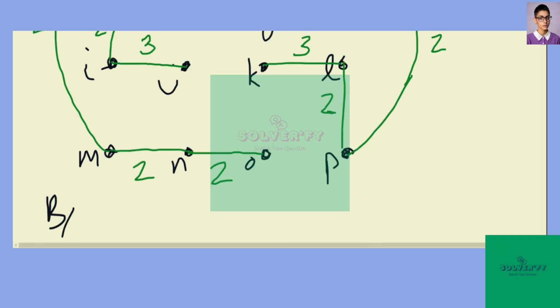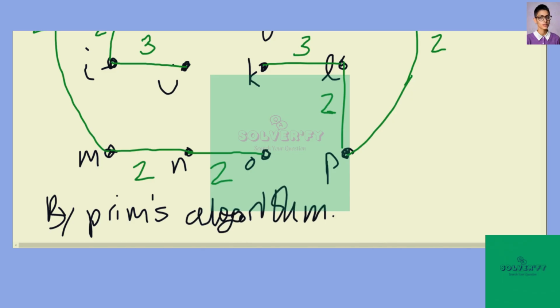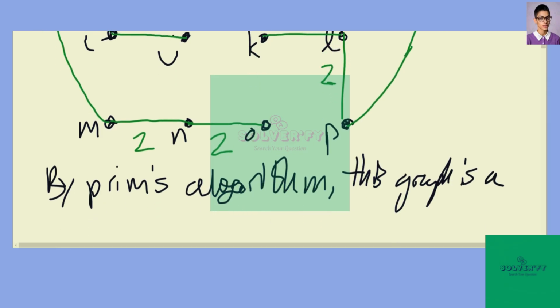And so by Prim's algorithm, it follows that this graph is a minimum spanning tree.